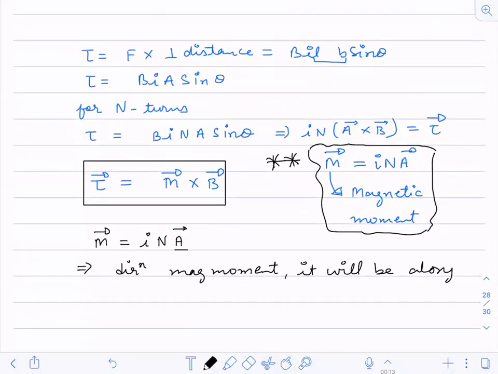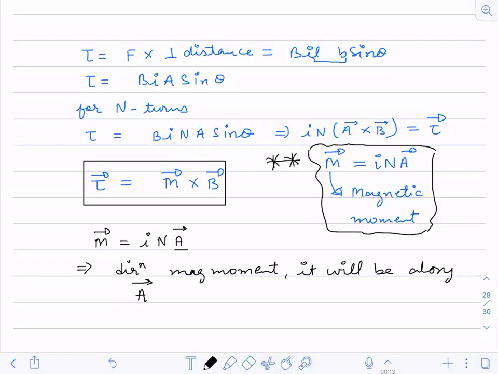The way you had calculated the direction of the A vector, in the same way you will calculate the direction of the M vector also. So this is all about the torque and the magnetic moment.